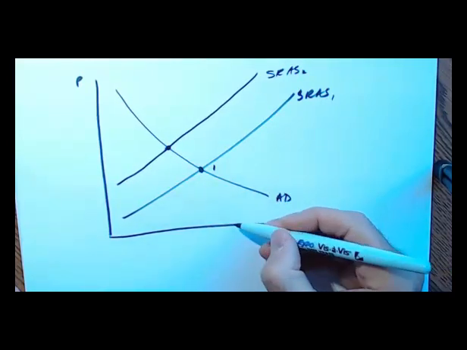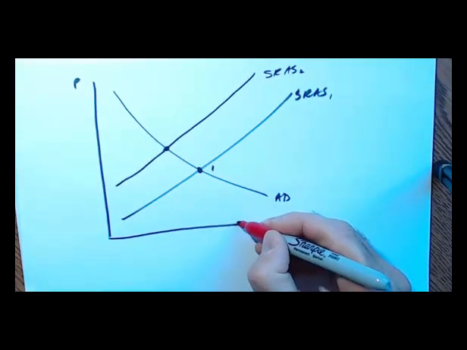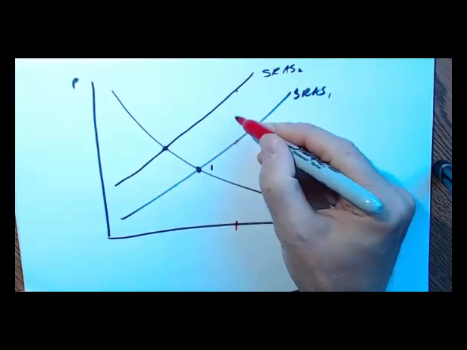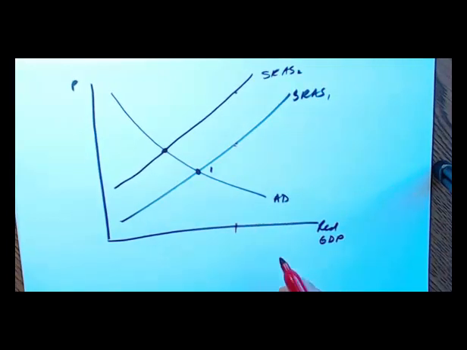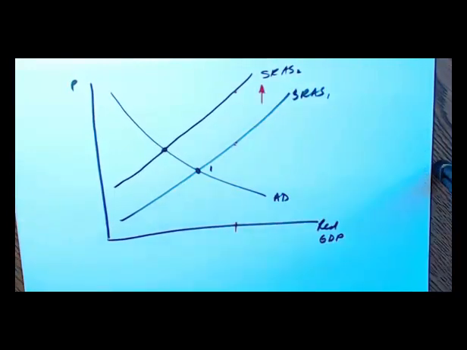And so you can think of it as, at each and every level of production, right? At this level of production, prices are going to go up because the input costs went up. So that's the way to think of how that aggregate supply curve shifts up, up to the left.